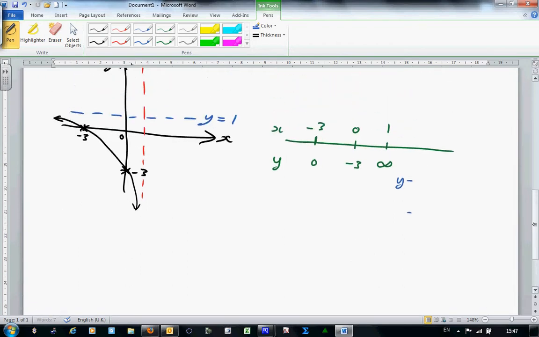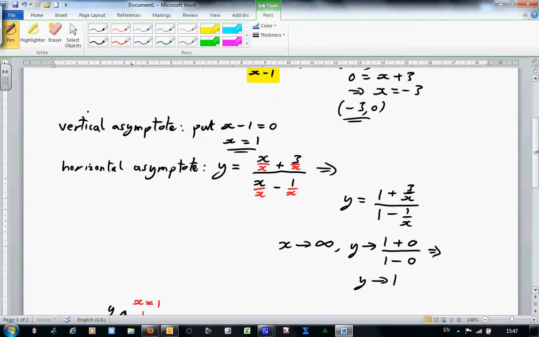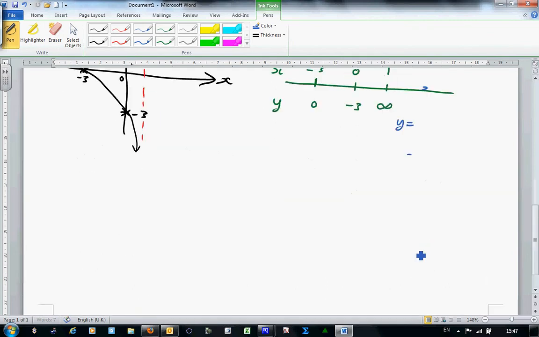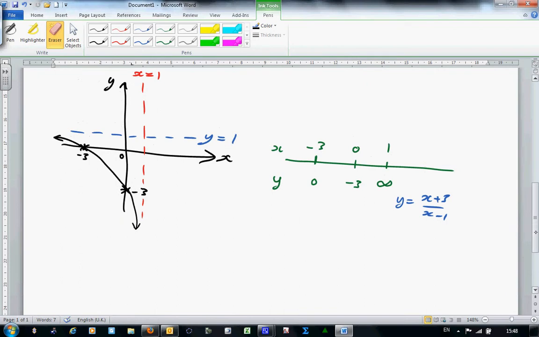What we're going to look at here is the different values. So when x is bigger than 1, let's say 2, then on the top we have 2 plus 3 is 5, and 2 take away 1 is 1. We have positive over positive. So when x is bigger than 1, y is going to be positive. So what we can put on here is that section will be positive.